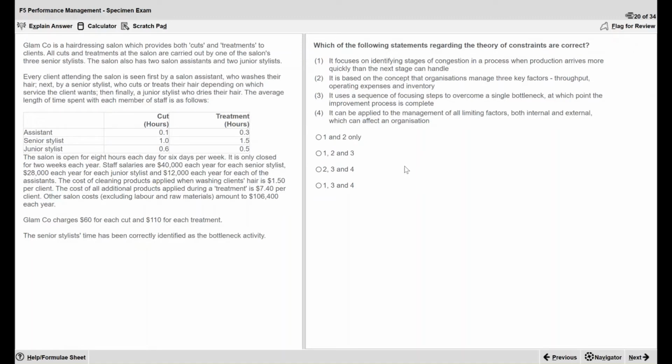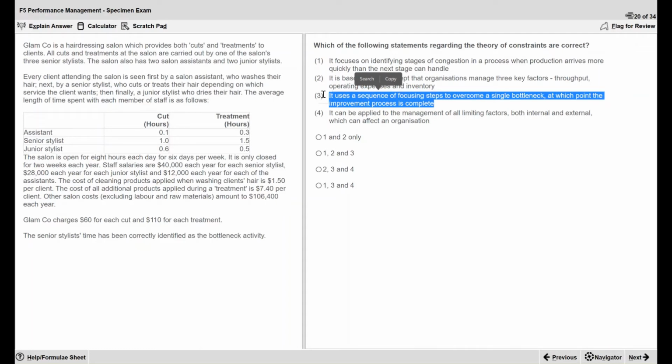It uses a sequence of focusing steps to overcome a single bottleneck, at which point the improvement process is complete. So what this statement basically means is that once we find a bottleneck activity, we overcome that, we make it more, or maybe we use it more efficiently. After that, we stop, we don't improve.